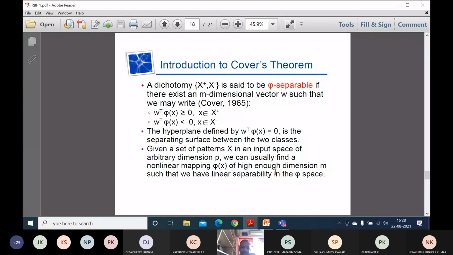Given a set of patterns x in the input space of arbitrary dimension p, we can usually find a nonlinear mapping psi of x of high enough dimension m such that the patterns are linearly separable in the new psi space.